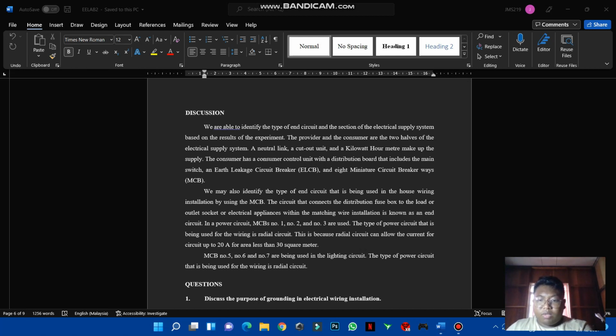The type of power circuit that is being used for wiring is the radial circuit. This is because a radial circuit can allow the current for circuits up to 20 amp for an area less than 30 square meter, while MCB number 5, number 6 and number 7 are being used in the lighting circuit. The type of lighting circuit that is being used for wiring is also the radial circuit.